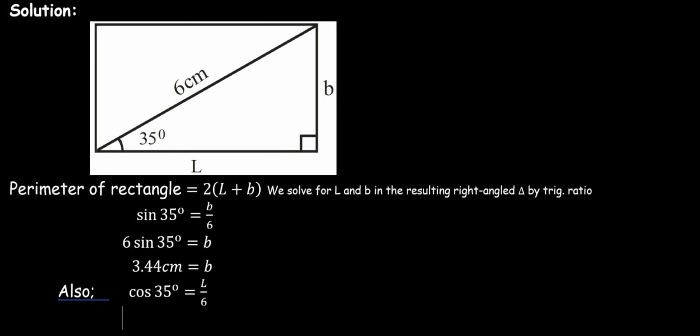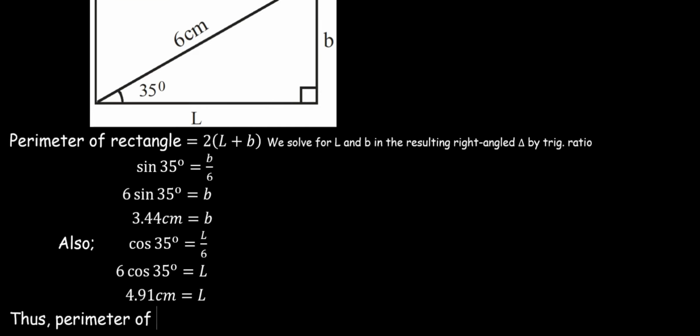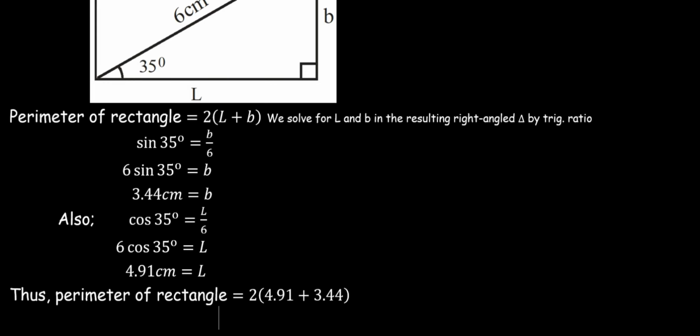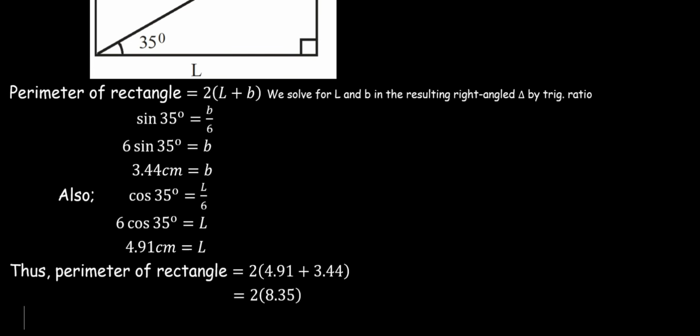And when we multiply, we have 6 cos 35 will be equals to L. And the result is 4.91 cm will be equals to L. Thus, perimeter of a rectangle, which is equals to 2 into bracket open 4.91 plus 3.44 bracket close will be simplified as 2 into bracket open 8.35. And that is equals to 16.7 centimeter to 1 decimal place.